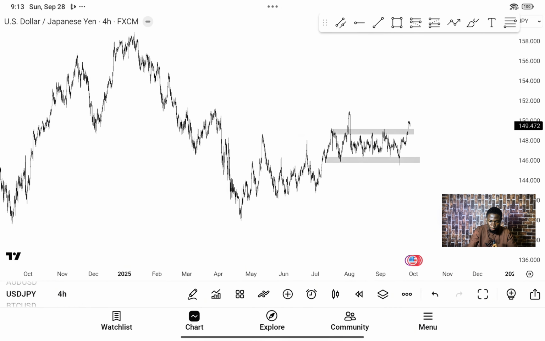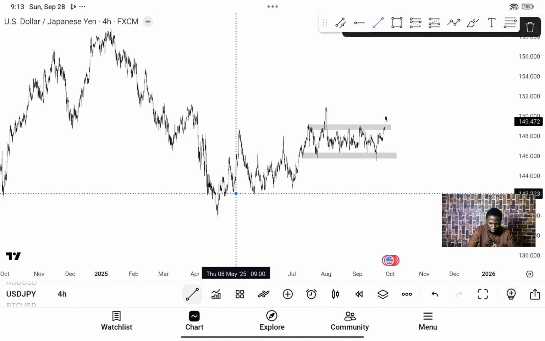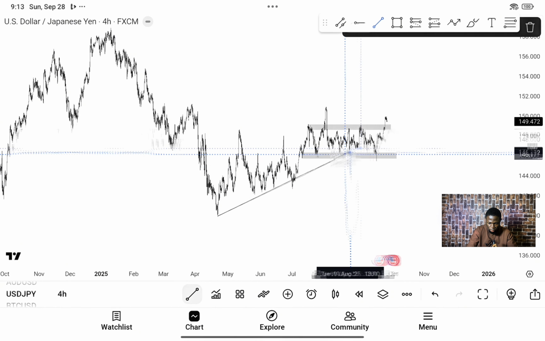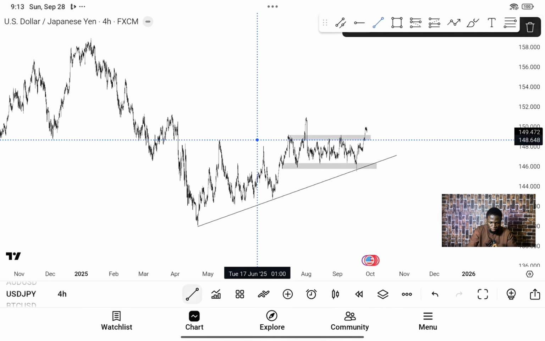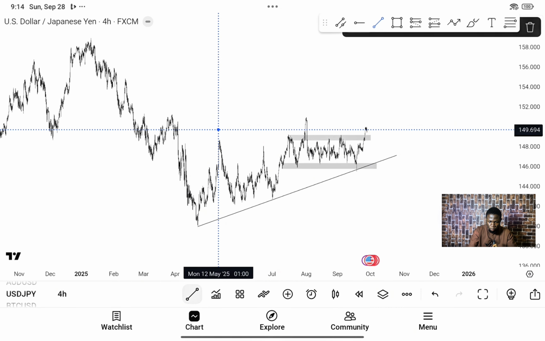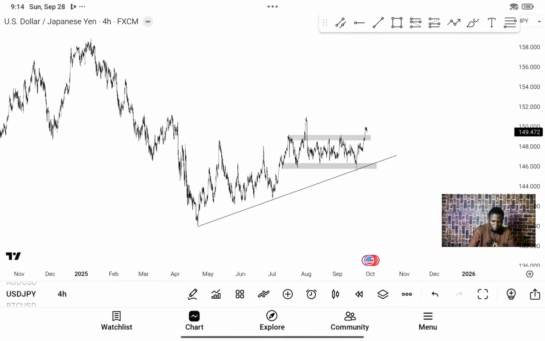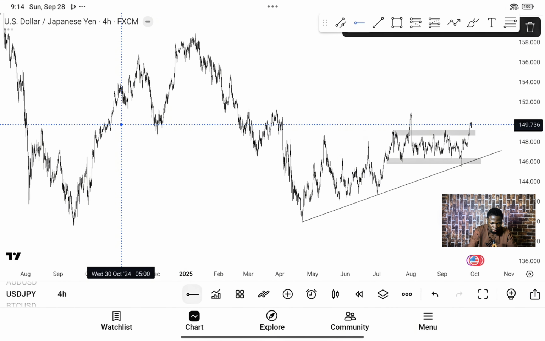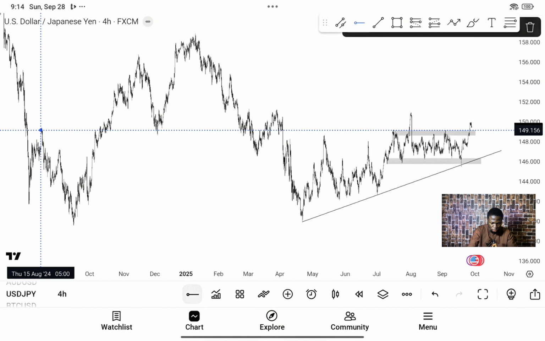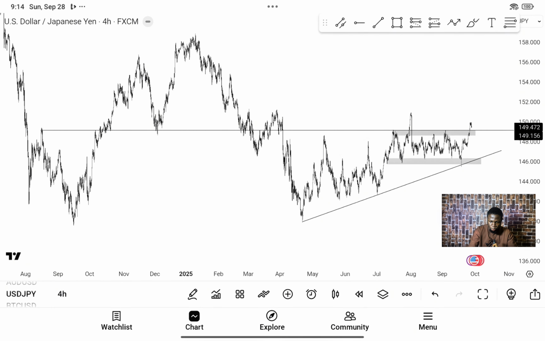Apart from that, our trend lines, this pair is bullish. Then if I swipe over to the left side to check if I'll see any resistance or any support, you can see what it has been doing.